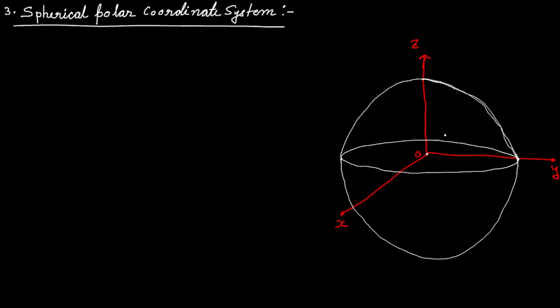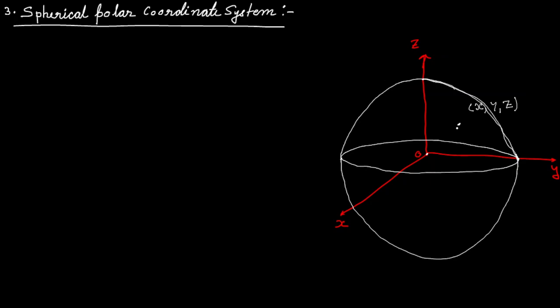So this is a sphere whose center is at the origin of this rectangular coordinate system. Now consider a point P in the space, and let's say this point has coordinates in terms of rectangular coordinates x, y, and z.